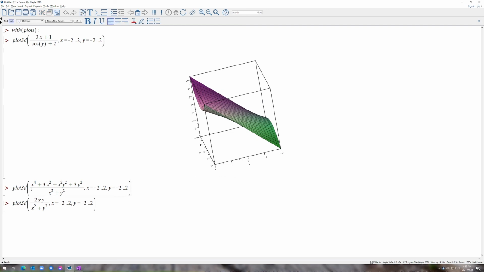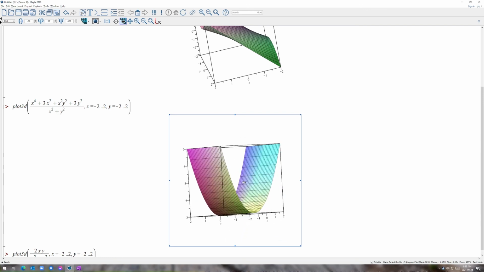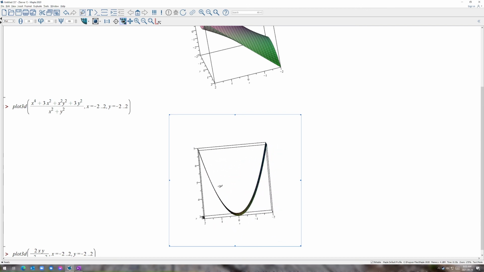Now this next surface has a discontinuity at 0, 0, but the limit as x and y approach 0 did exist. And after factoring and canceling common factors, we end up showing that this is equivalent to the graph of x squared plus 3. That's a parabolic cylinder, and that's exactly what we have here. It's basically that shape of x squared plus 3.